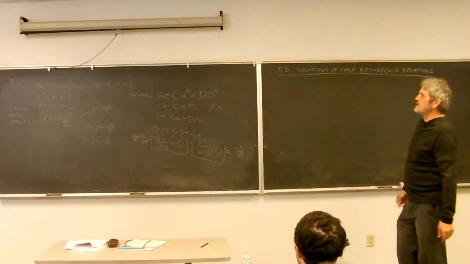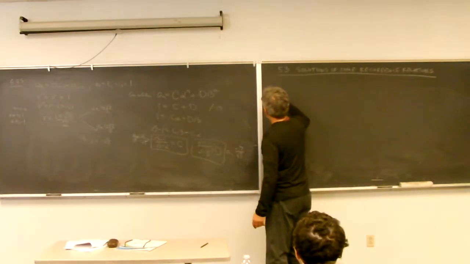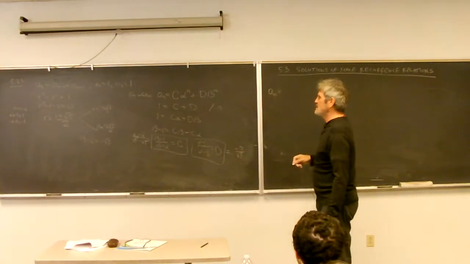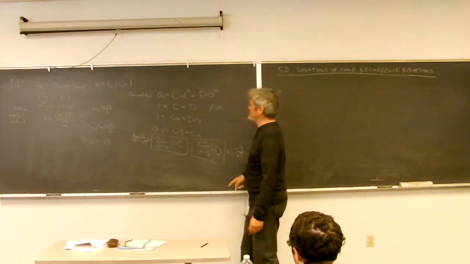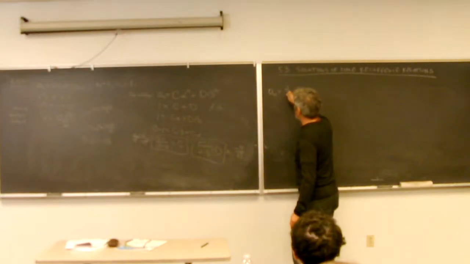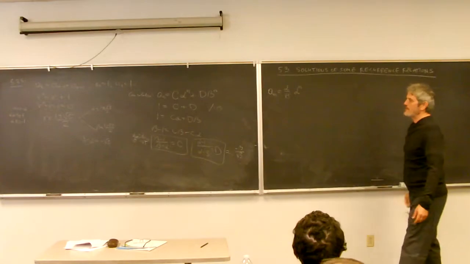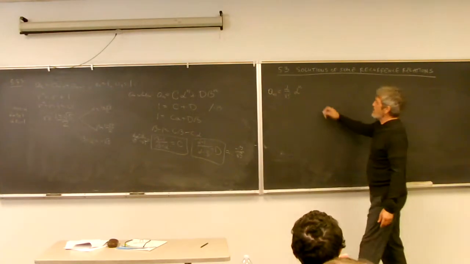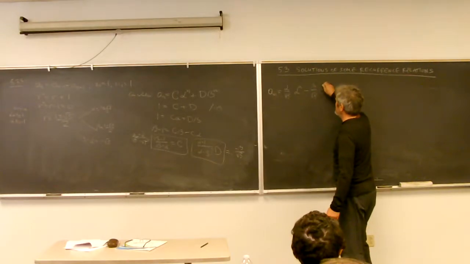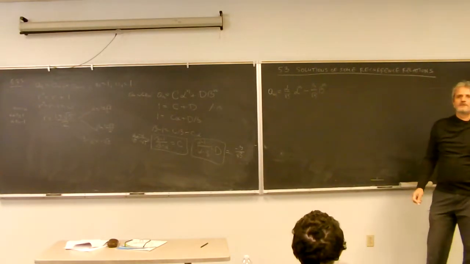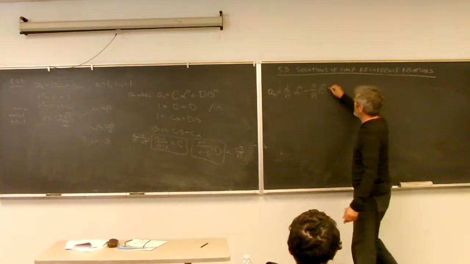So now I can go back into the equation and get the following. So how much is A_n? How much is c? I'm not going to write it in this form, I will write it in this form. It's alpha over root 5 times alpha to the n minus beta over root 5 times beta to the n. So how does it look?